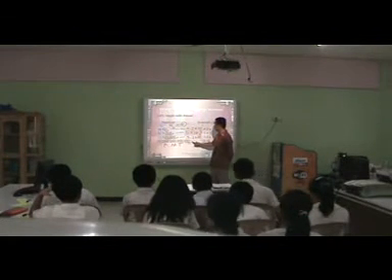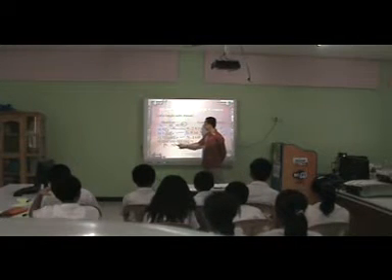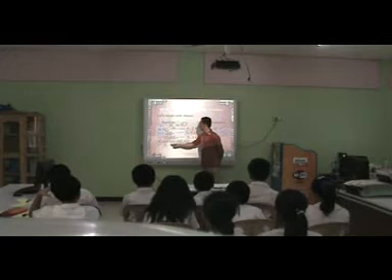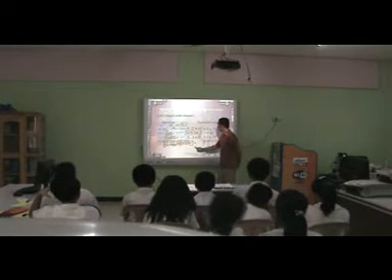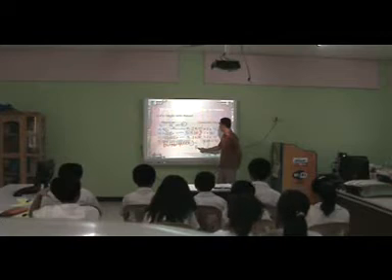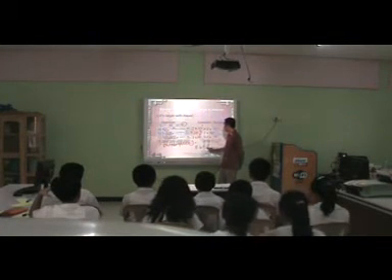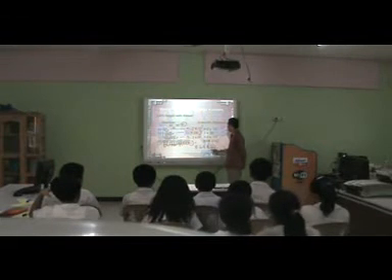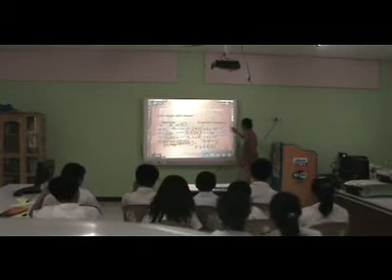Then we count 1, 2, 3, 4, 5, 6, 7, 8, 9, 10, 11. So 8.64 times 10 exponent 11.